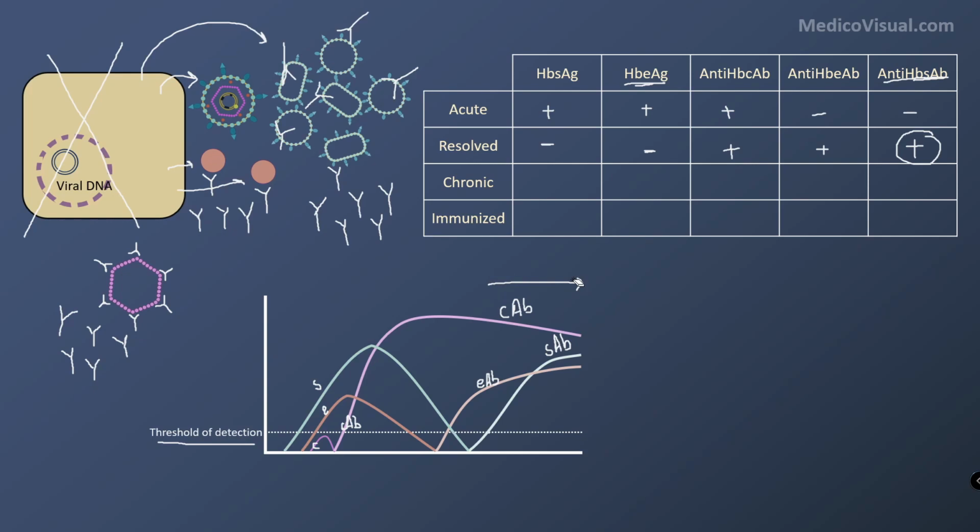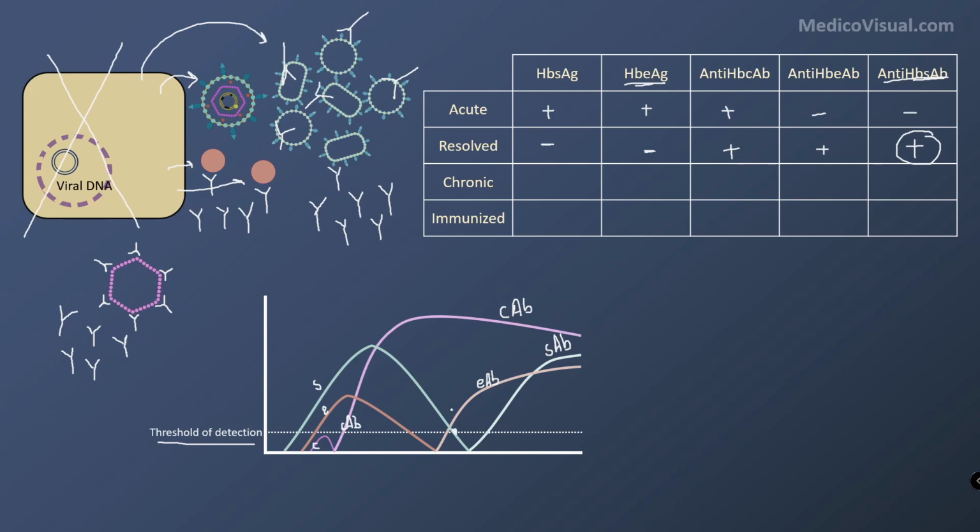Here I will tell you an important point. Let me show you, let's remove this. Here you can see the threshold of detection. At this point you cannot detect surface antigen. You can also not detect surface antibody.